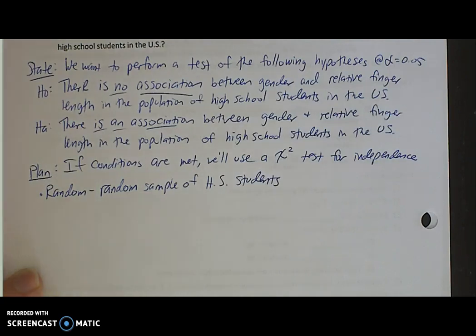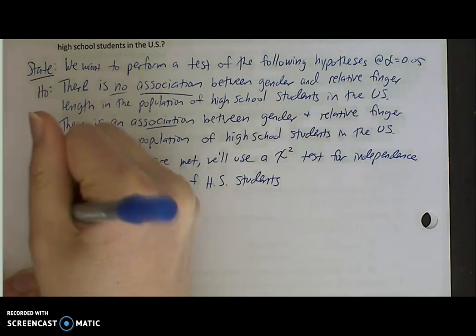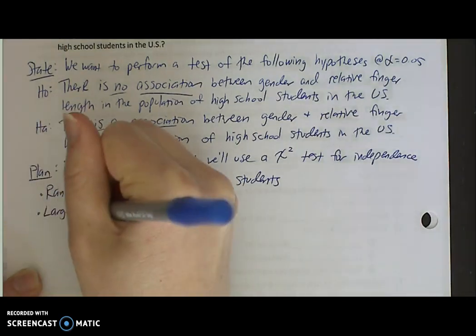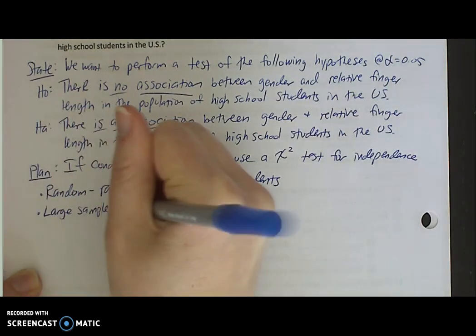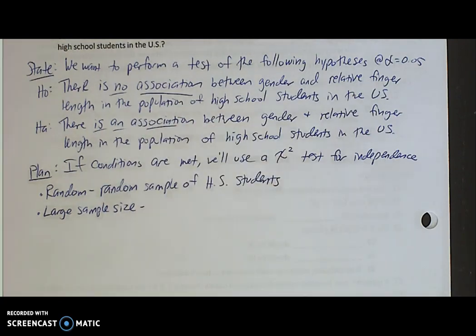Next we check our large sample size. So here's the point where we have to find all of our expected counts, and we need to make sure they are all at least 5.